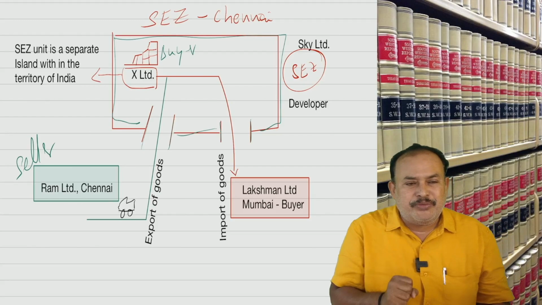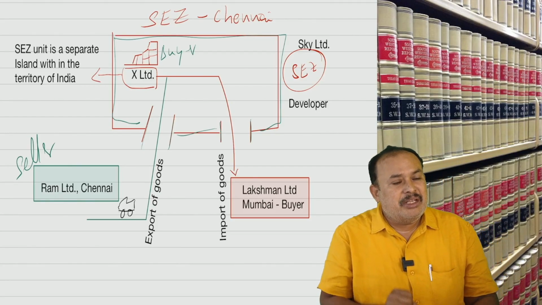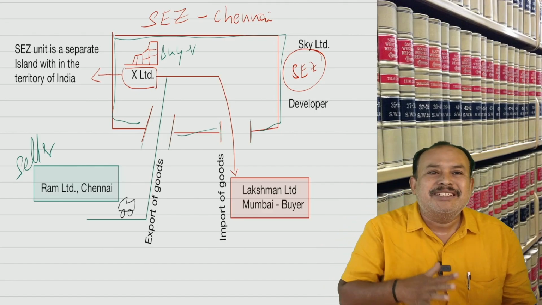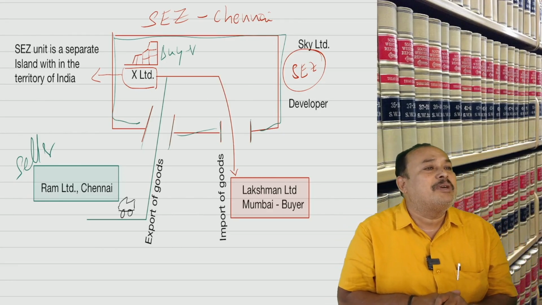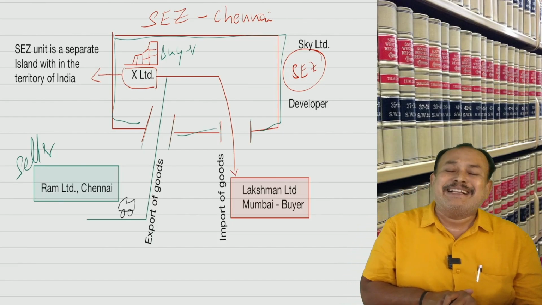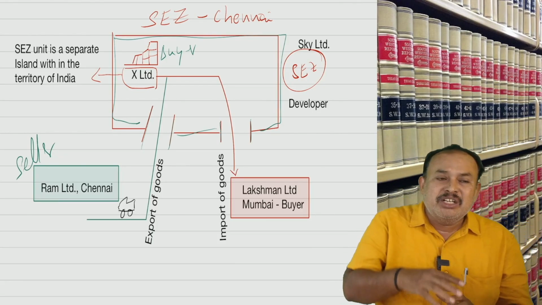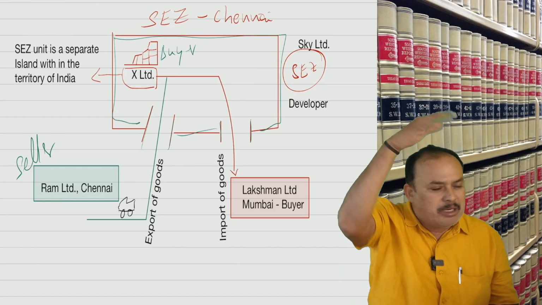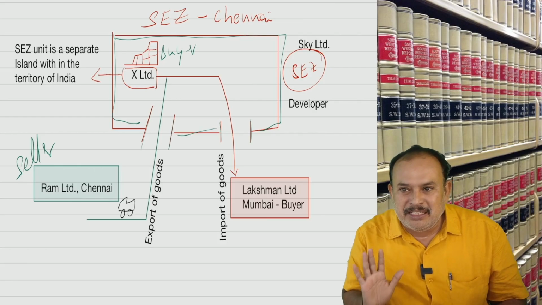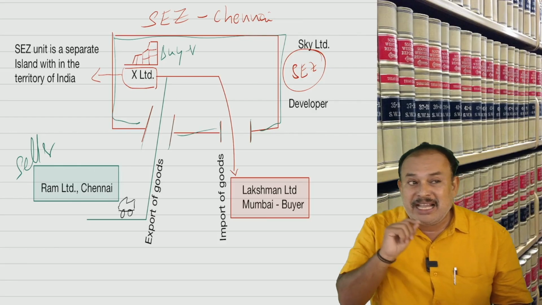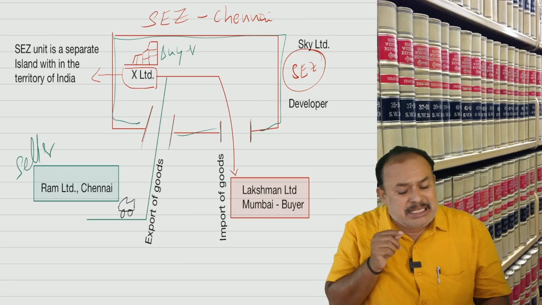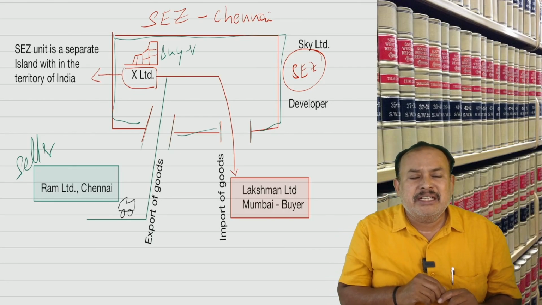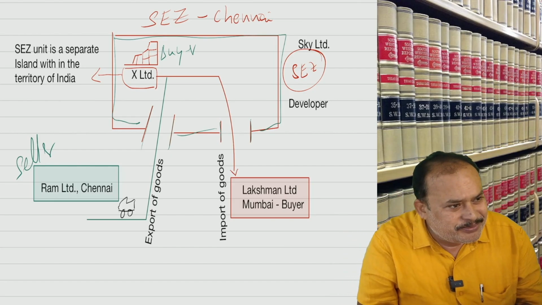Now the point of E-Invoice. X Limited's turnover is 8 crores. Where is X Limited located? In SEZ, it is a unit of SEZ. For X Limited, E-Invoice is not applicable. Whereas Sky Limited, which is the developer of SEZ, has a turnover of 6 crores.